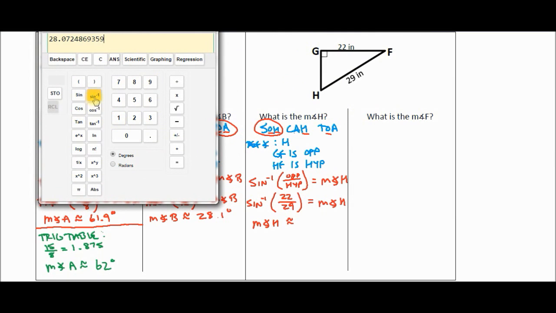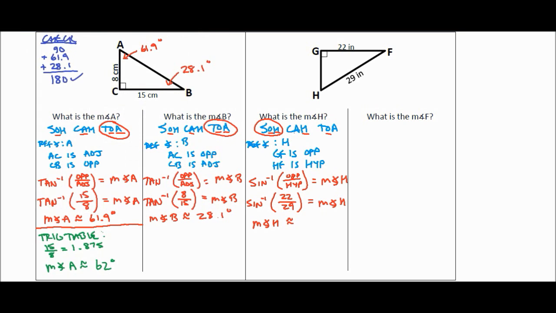We're going to type in inverse sine, 22 divided by 29, close parentheses, press equal. Our angle measure is approximately 49.3 degrees. I'm going to label that angle H.